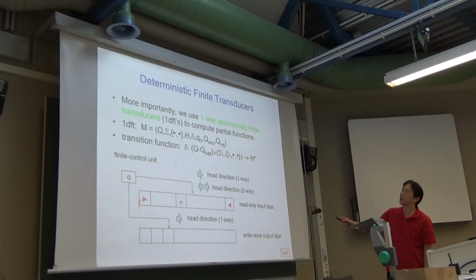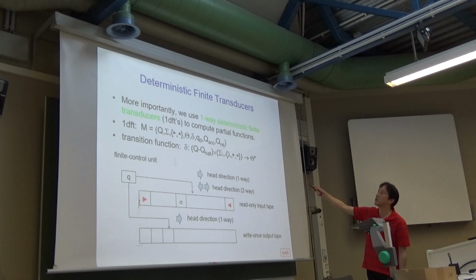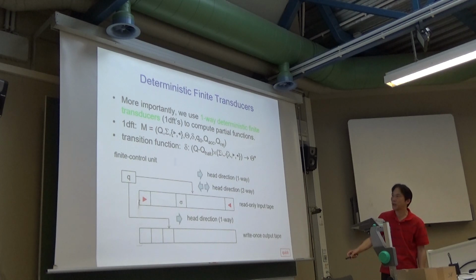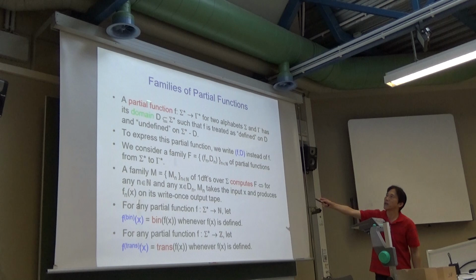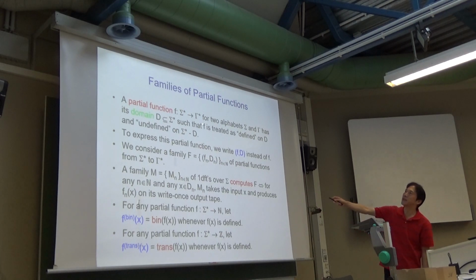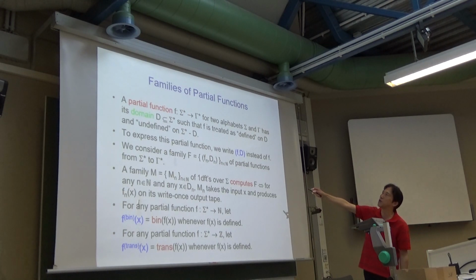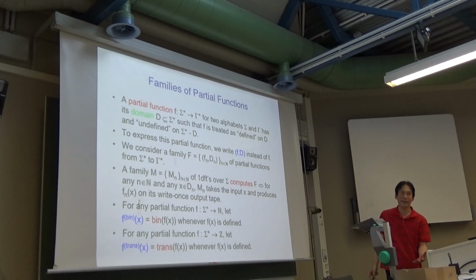Now we move on to the partial function. Before that, we are going to use transducers to compute the functions. So we have an extra output tape, but the head moves only one way. Now the partial function is a function from string to string, but the function has a predetermined domain.